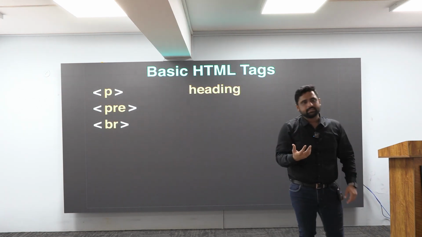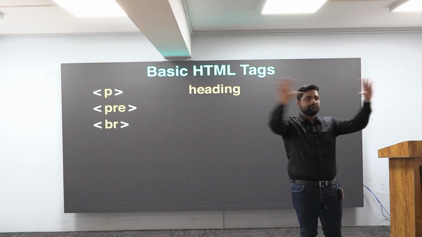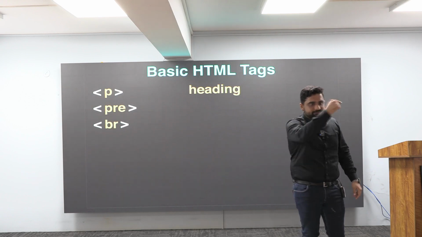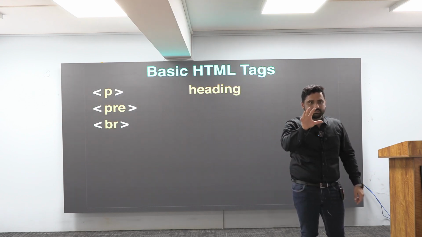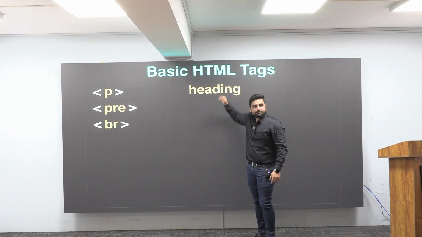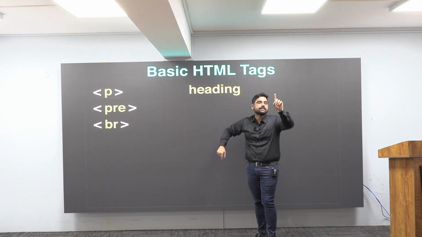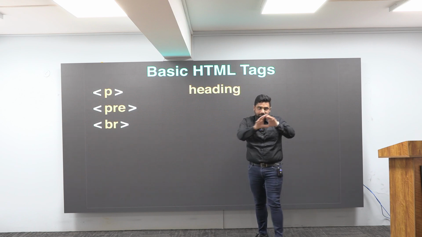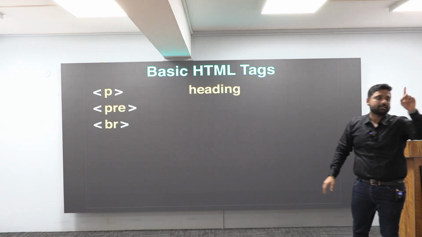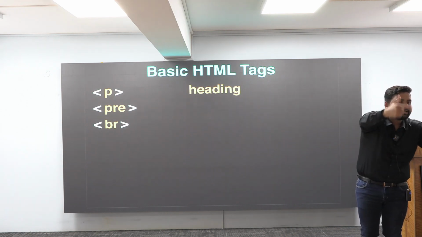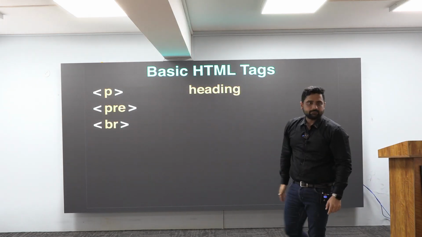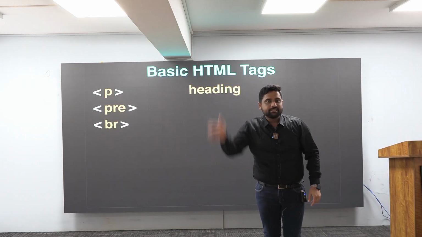In any website, at the top, what they have mentioned, yes, that is a heading only. Now if you want to achieve that format, you can use the heading tags. We are not having only one tag for displaying our heading, like your P, like your pre, like your BR. We are having 6 tags.